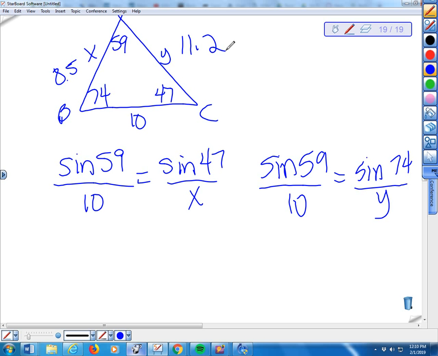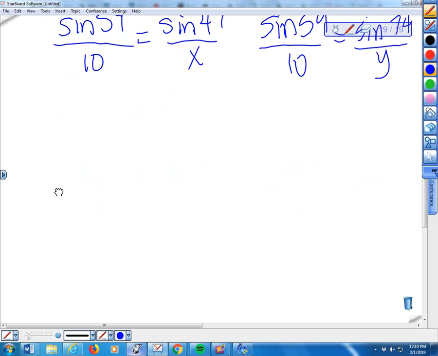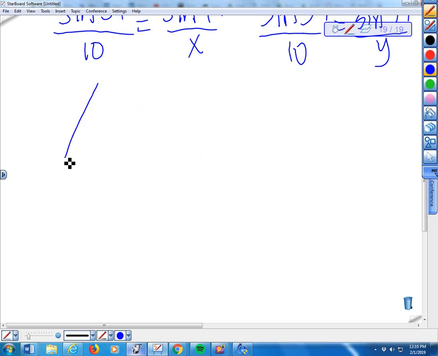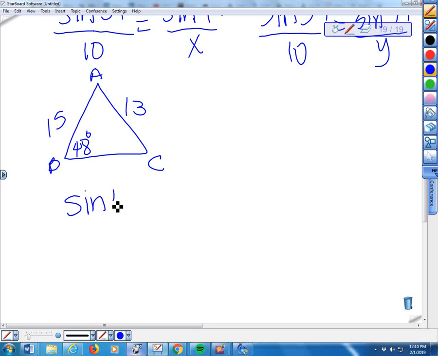Last problem, solve the triangle with the given information. Well, fortunately, I can use law of sines here. I don't have to use law of cosines. So I can just set up sine 48 over 13 equals sine c over 15.